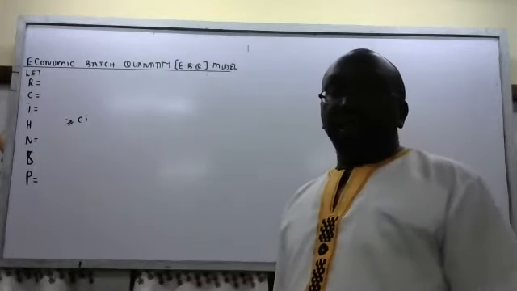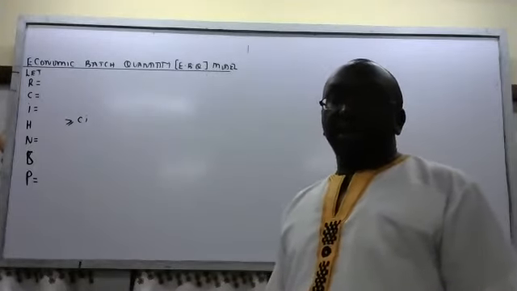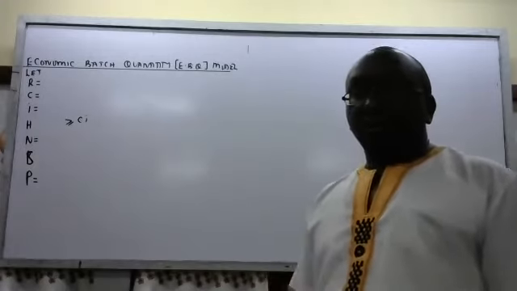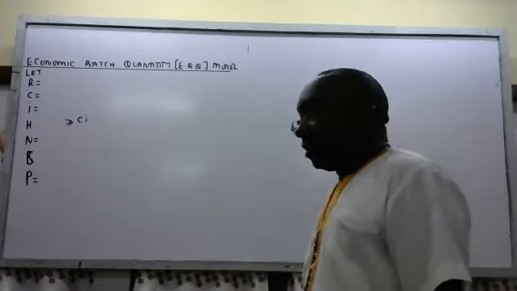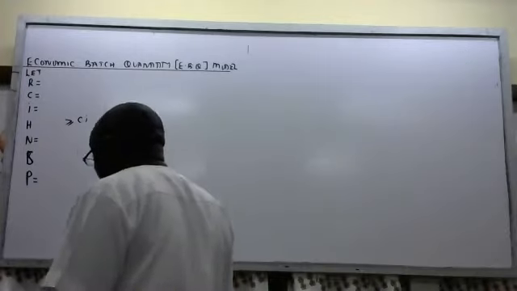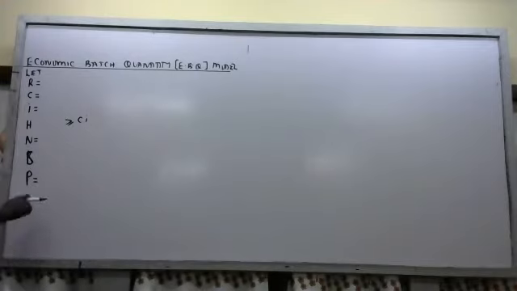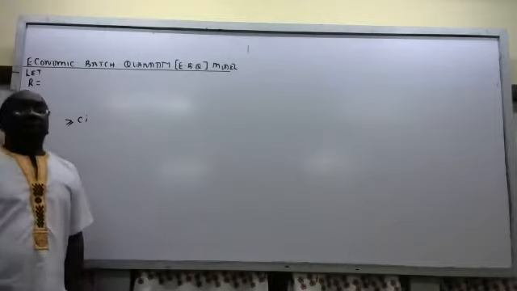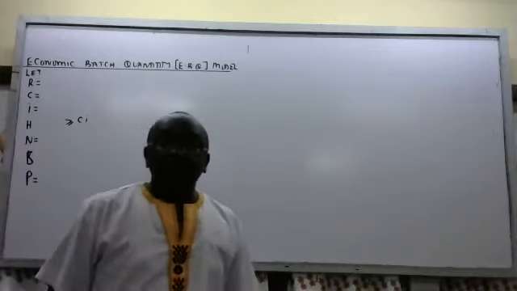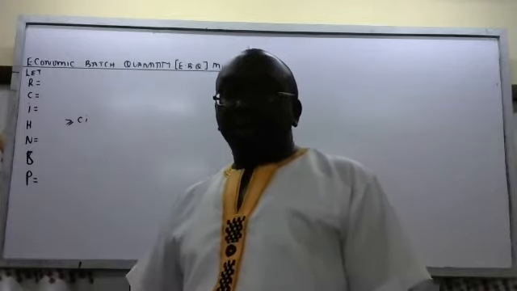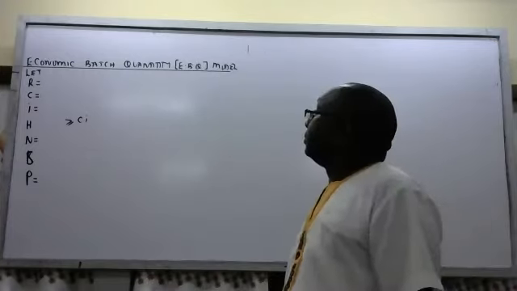C, I have said, is unit variable manufacturing costs. I hope you are getting that. P is production rate per unit of time.